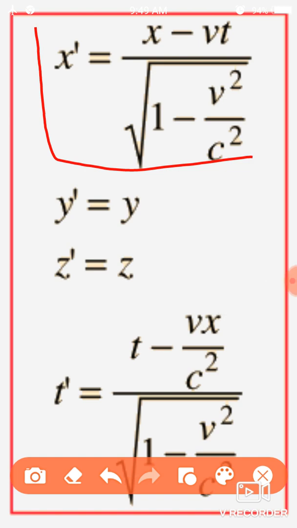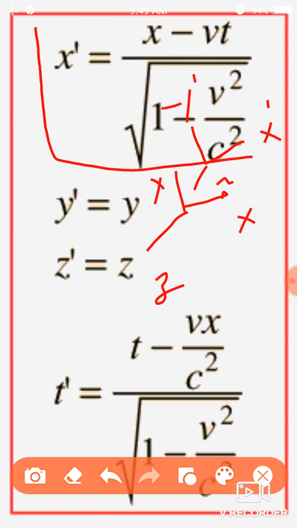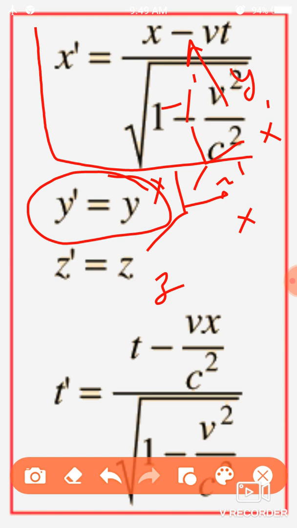If this frame moves only along the y axis, here we have the x axis, y axis and z axis, and another frame x prime, y prime and z prime, if this moves only along the y axis, then in this case this coordinate will change like this relation, and the x and z coordinates remain unchanged.